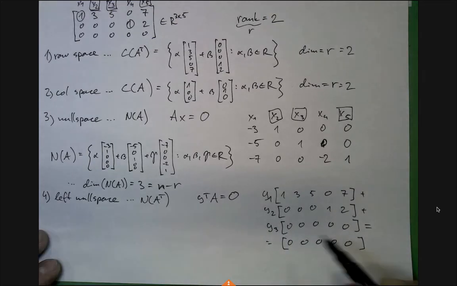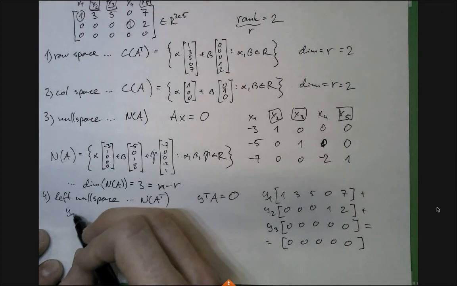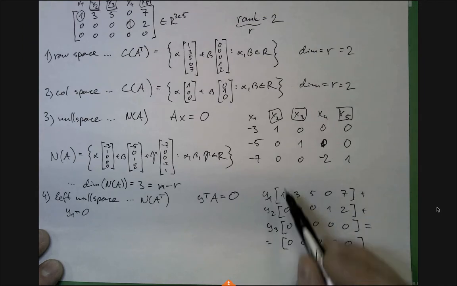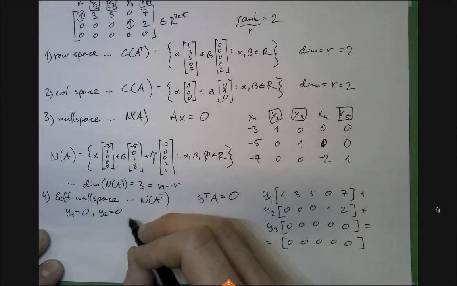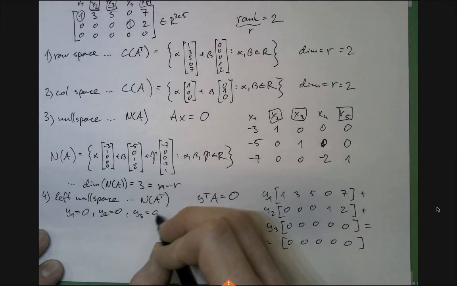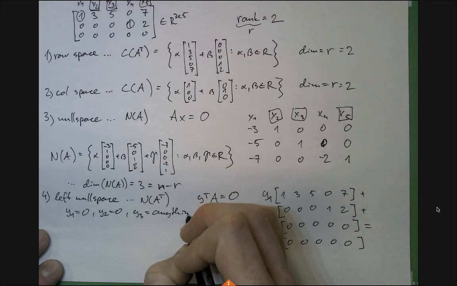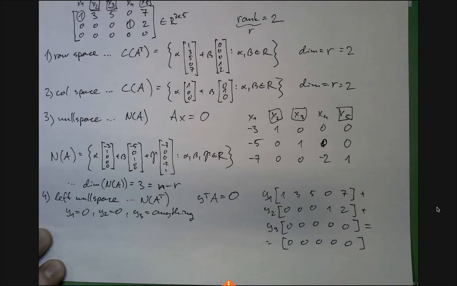This means that y1 must be 0, right? Because that's what this first column says. y2 must be 0, and y3 can be anything, because it's multiplied with 0, so it's not going to change anything. So what is the basis of the left null space? Anybody can tell me that?